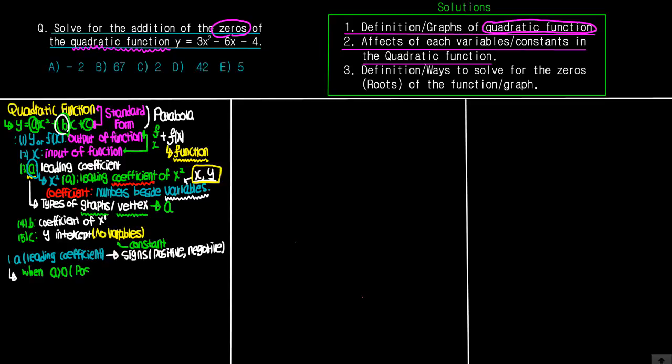That means it is a positive value. So when the a value is positive, the graph of our quadratic function will open upward. If you think about the main example of a quadratic function's graph that opens upward, it will look something like this, that keeps going upward and never intersects at one point.